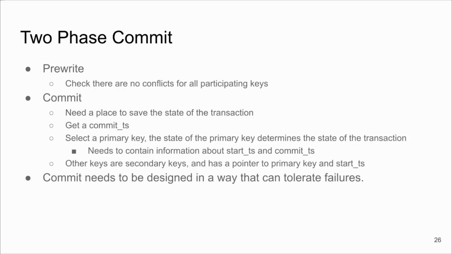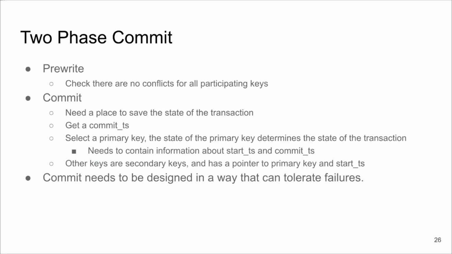That's why you need a two-phase commit, because we are doing multi-version concurrency control, which means these keys can be modified by other transactions at the time of commit. So before it can commit, it needs to make sure that there are no conflicts on all these participating keys. And this cannot be done.